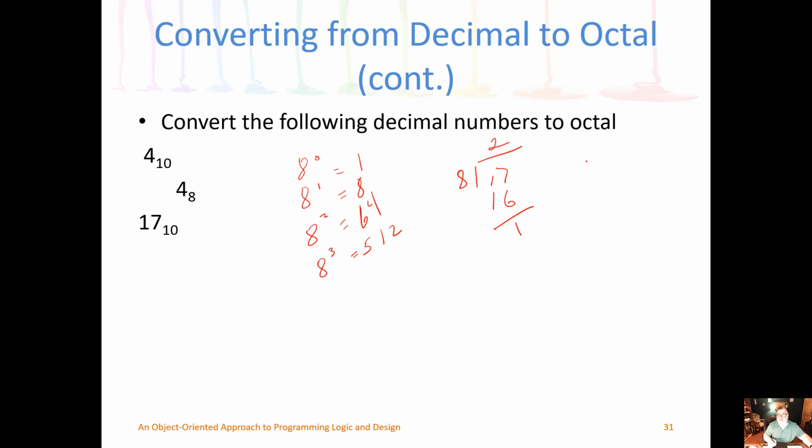So now 1 divided by 1 is 1. So 1 times 1 is 1, gives me 0. So it should be 21 octal. Correct. Now one of the things just to remember is the octal number will always be larger than the decimal number. So if you get a number that's less than, you did something wrong.